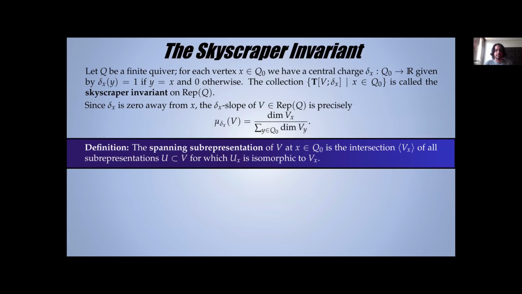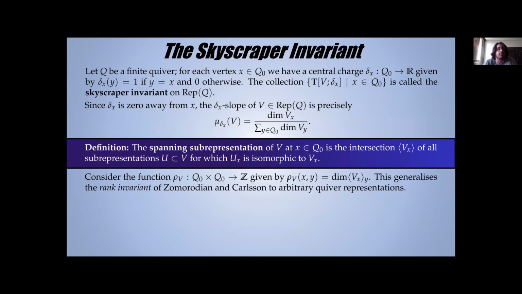So the picture looks like this. Everything is filled over here, and then 0 to the left of the cone. This cone point would be X in this case. So Vx would be spreading out from vertex X if you had a 2-parameter persistence module.